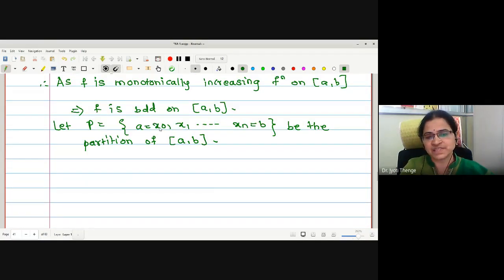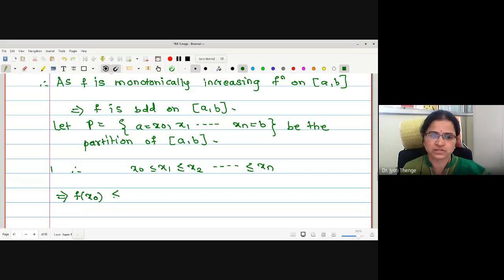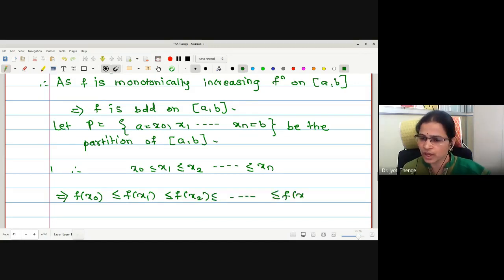Now, whenever I am selecting these points in the partition, what is the fact known to us? Therefore, can I write x naught less than or equals to x1 less than or equals to x2 less than or equals to xn. Okay. Now, as the function is monotonically increasing, may I write f of x naught less than or equals to f of x1 less than or equals to f of x2 less than or equals to, and continue, less than or equals to f of xn.